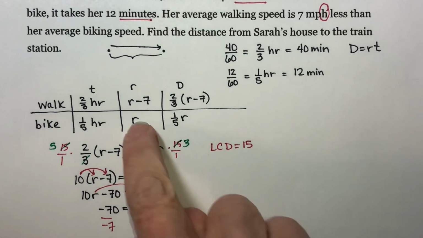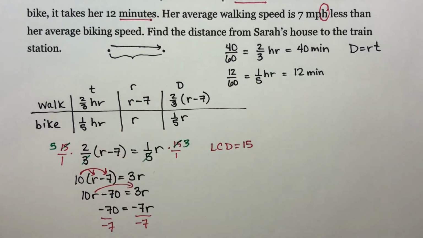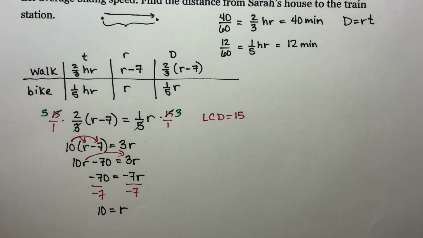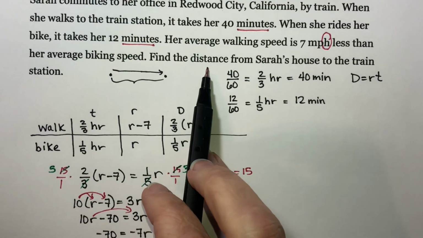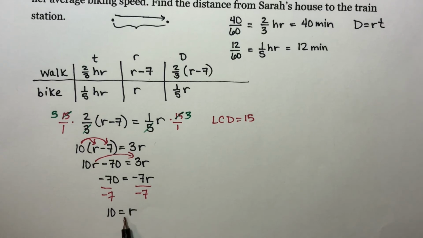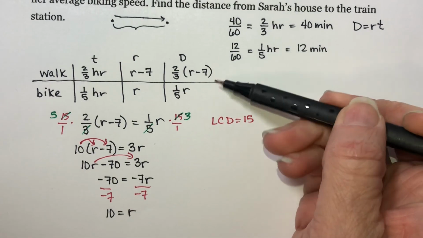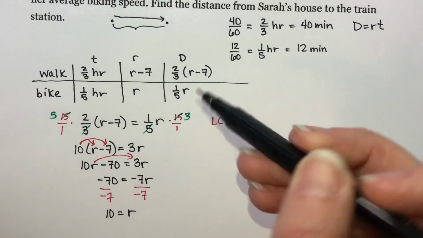We found R, which is how fast she rides her bike. We weren't asked to find how fast she rides her bike. We were asked to find the distance. So what I need to do is take this and plug it into either here or here. I should get the same answer no matter what. So I'm going to plug in right here.